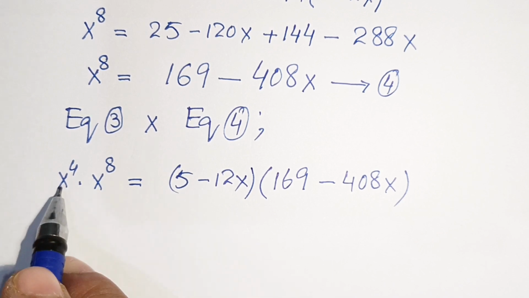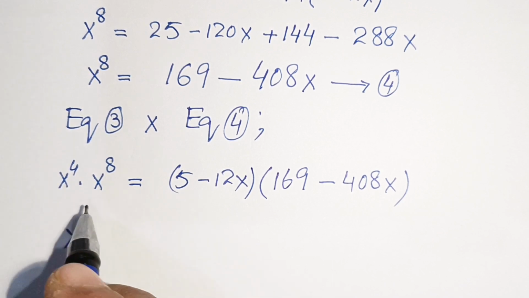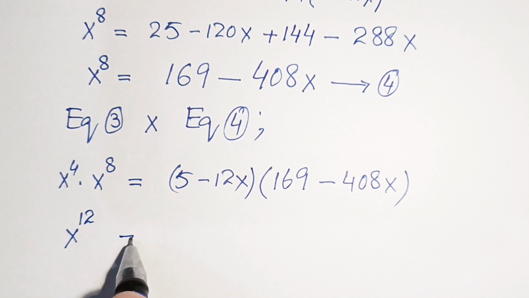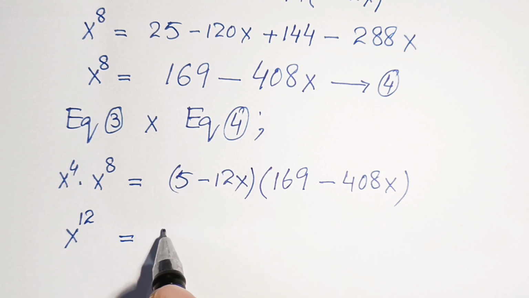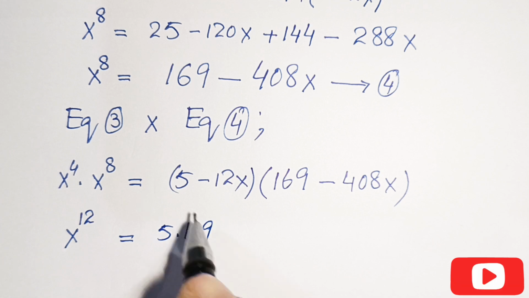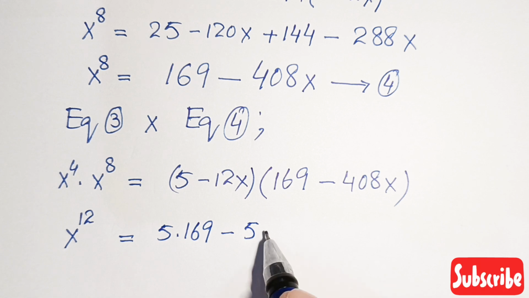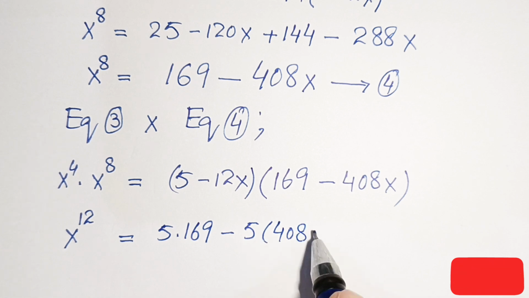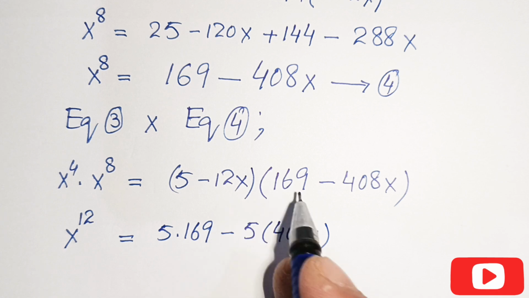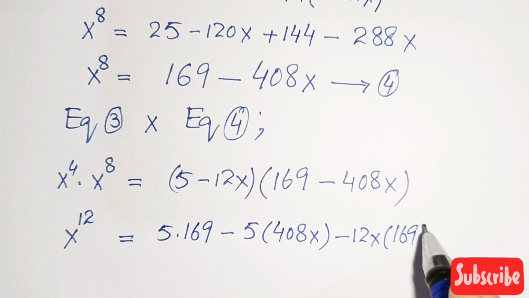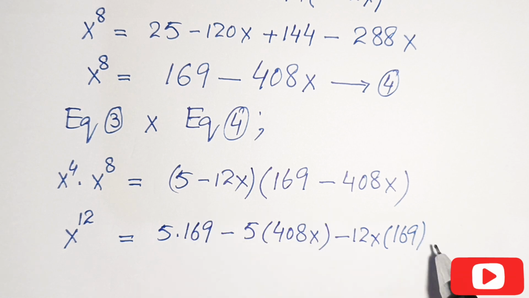So x to the power 4 times x to the power 8, as bases are same, powers will be added, so we get x to the power 12, which is equal to 5 times 169, plus times minus is minus 5 times 408x. Similarly, minus 12x times 169, and here minus times minus is plus 12x times 408x.